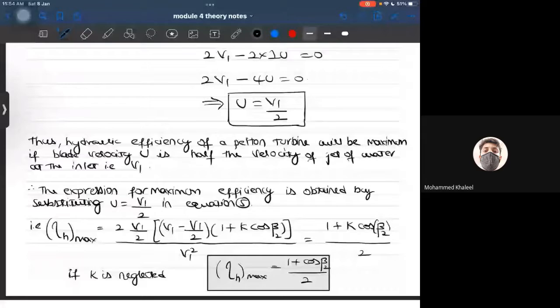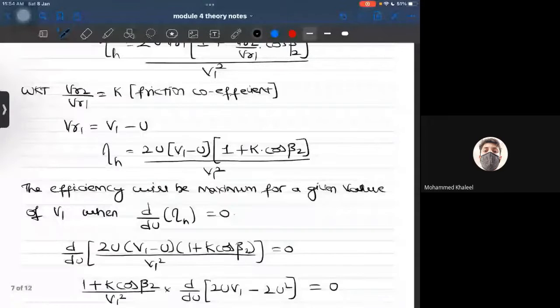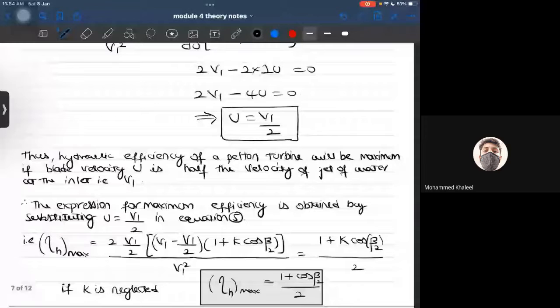This is equation number 5. So substitute U equals V1 by 2 to get the expression for the maximum hydraulic efficiency. Any doubts here?